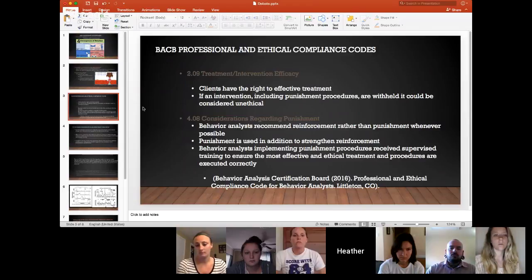Also, code 4.08, considerations regarding punishment. Behavior analysts recommend reinforcement before using punishment whenever possible. Punishment is used in addition to reinforcement to strengthen the intervention. And behavior analysts implementing punishment procedures have received supervised training to ensure the most effective and ethical treatment is provided and that the procedures are executed correctly.